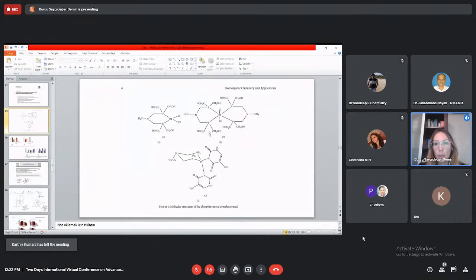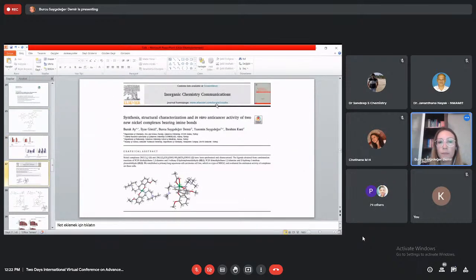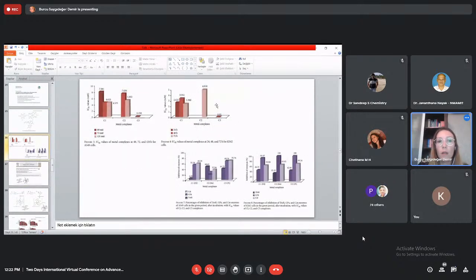We synthesized palladium, ruthenium, and platinum complexes. These are phosphine complexes. We aim to inhibit some enzymes with increased activity in cancer cells.